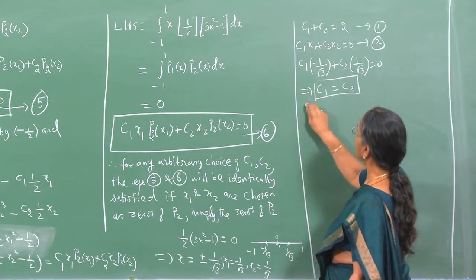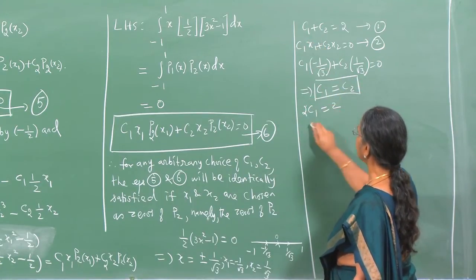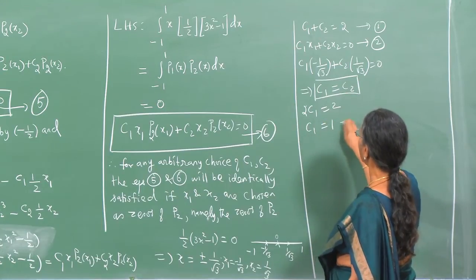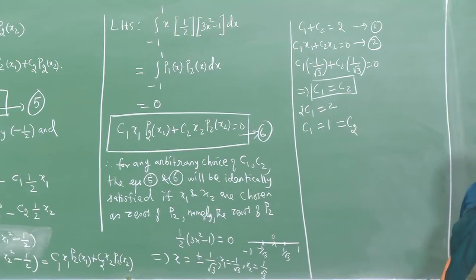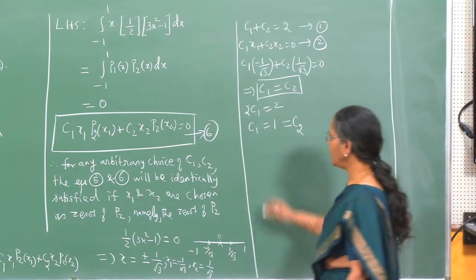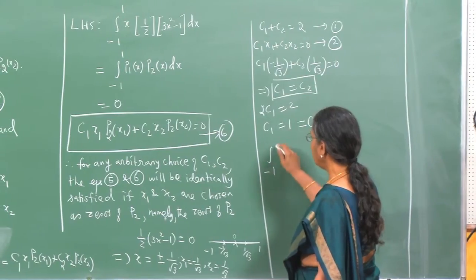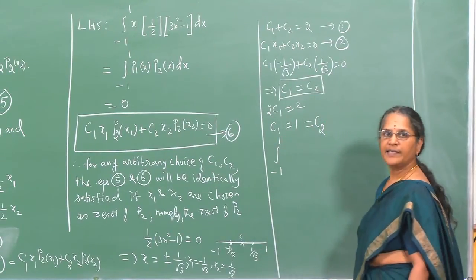So, substituting here, that will give 2 C1 is 2, so C1 is 1, and C1 equal to C2 equal to 1.